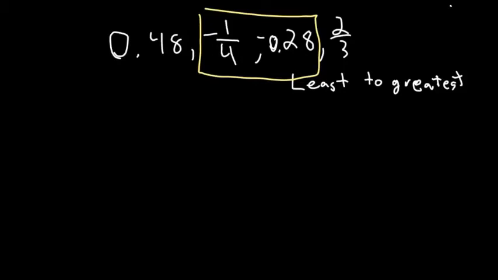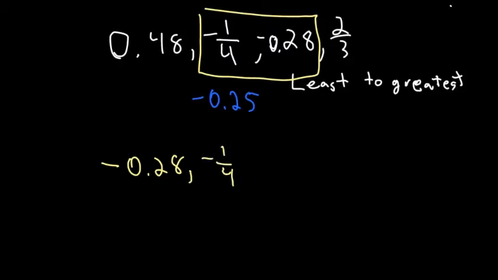So I can easily make negative 1/4, which is a benchmark fraction, into a decimal. So negative 1/4 would be negative 25 hundredths. So negative 28 hundredths is going to be less than negative 1/4, because that's negative 25 hundredths. So from least to greatest, I'd have negative 28 hundredths, then negative 1/4.